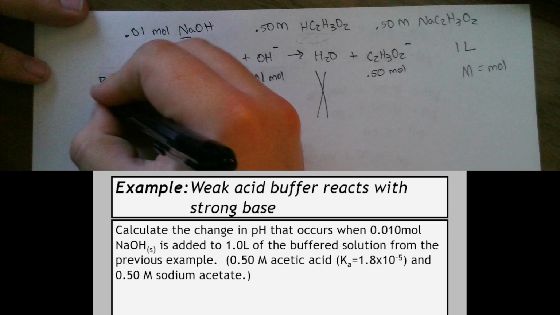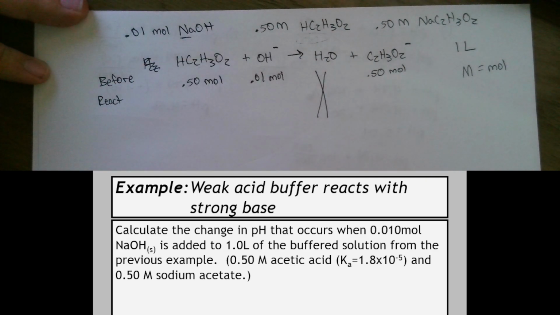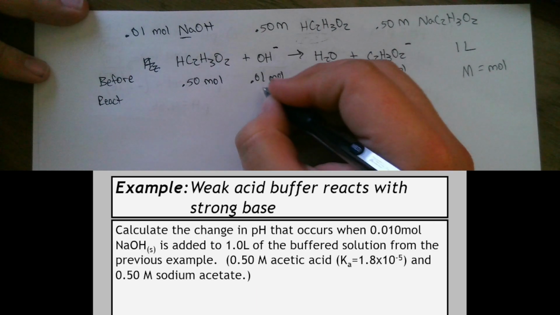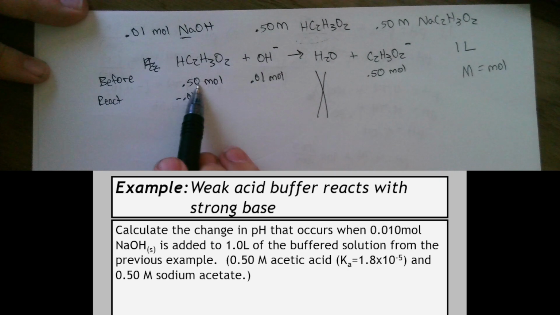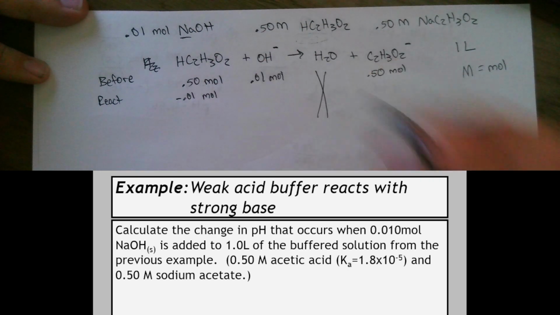All right, a reaction is going to occur now. Let's think about what reaction happens. I have a little bit of acid and a little bit of base, so they're going to react with each other and neutralize until one of them runs out. I have much less OH this time, so it's going to neutralize until it runs out. My 0.5 moles of acid are going to neutralize 0.01 moles of base.